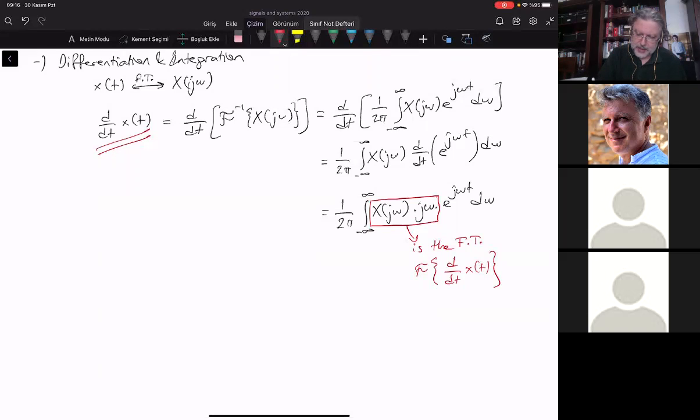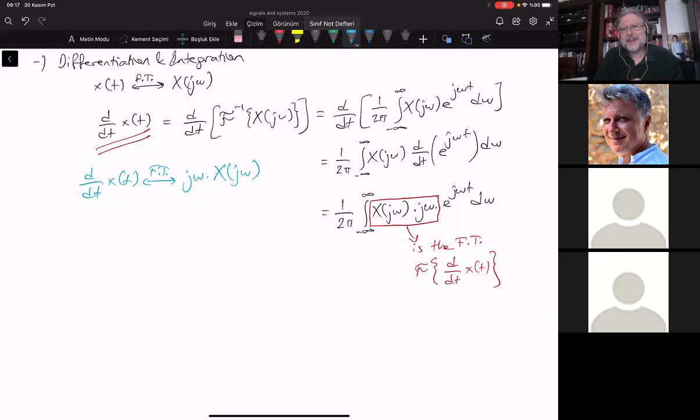Which tells us that the Fourier transform of d by dt x of t is j omega times X of j omega, which is something that we already know, right?